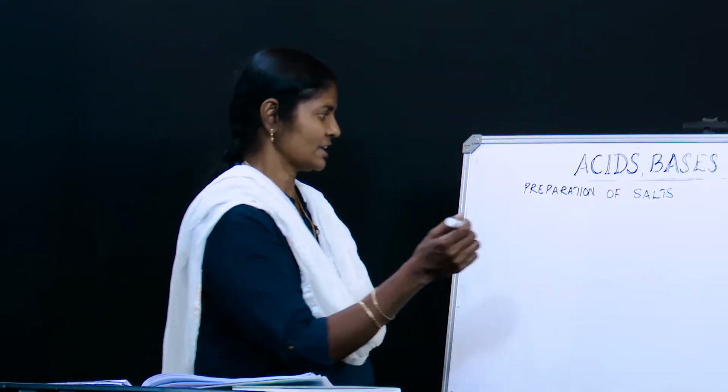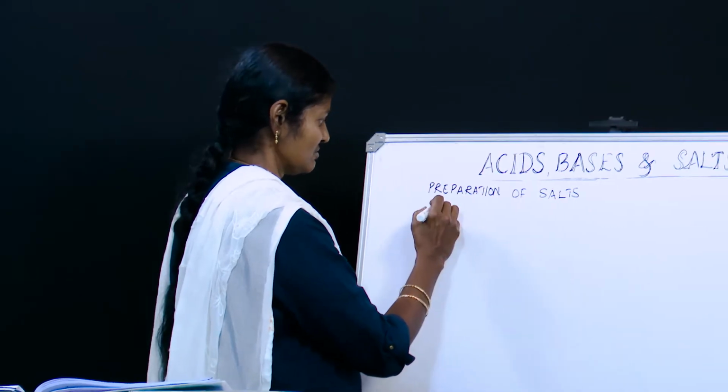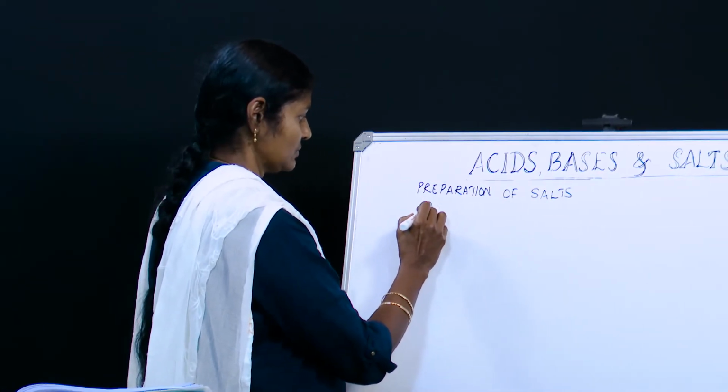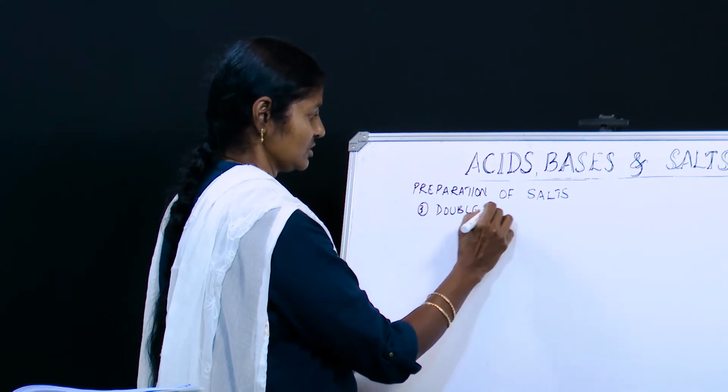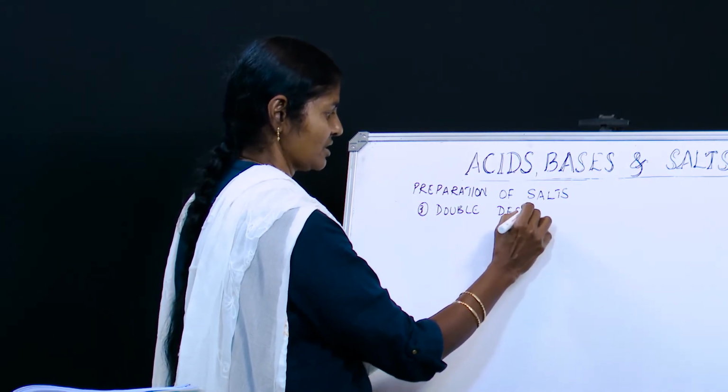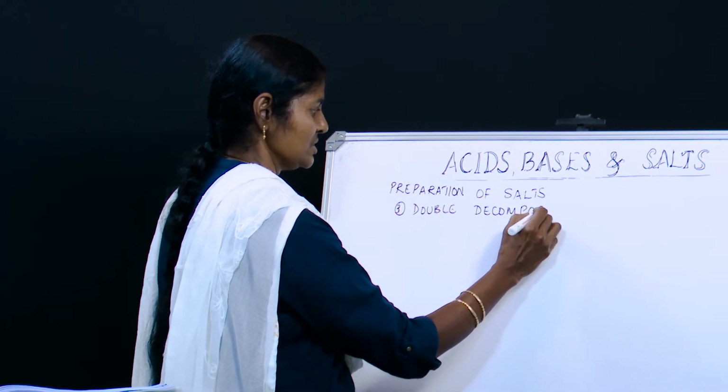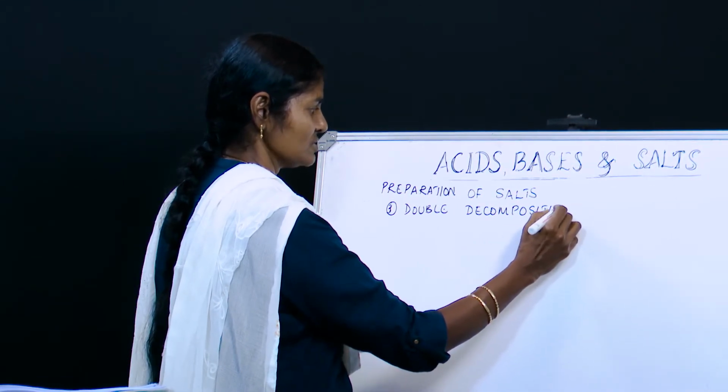Next we move on to the next method, preparation by double decomposition. Decomposition is to break down. So double is to break down two compounds.